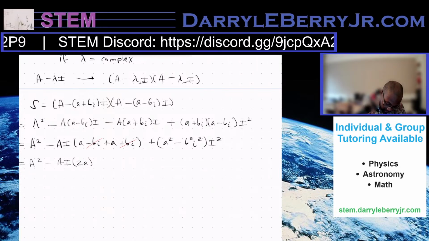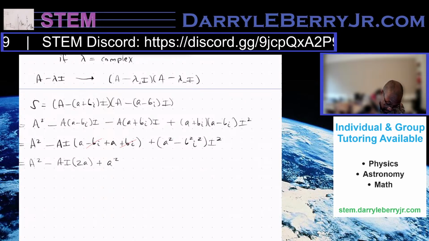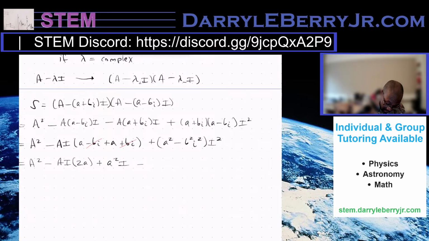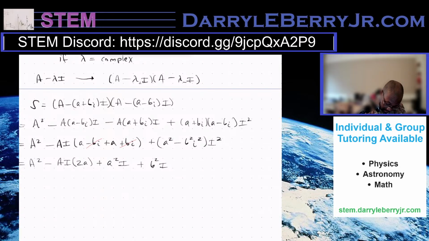And then we have plus a squared i plus b squared i squared.